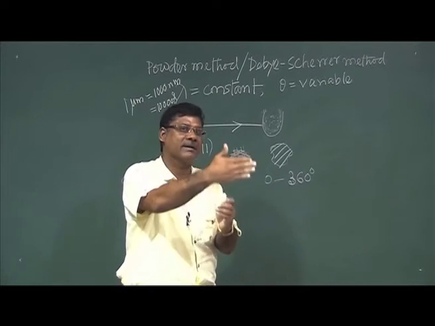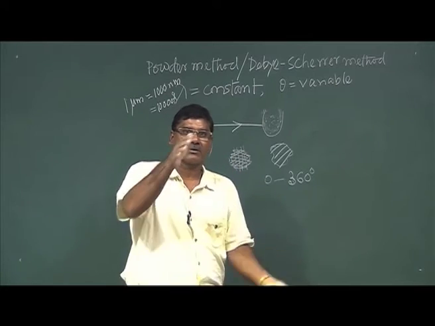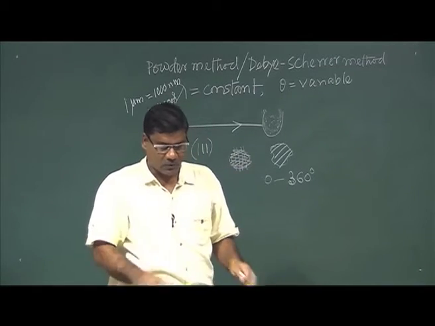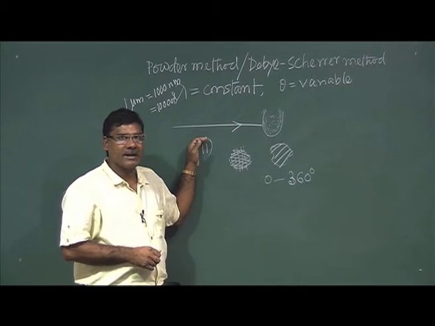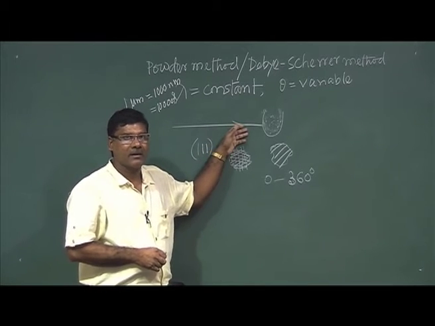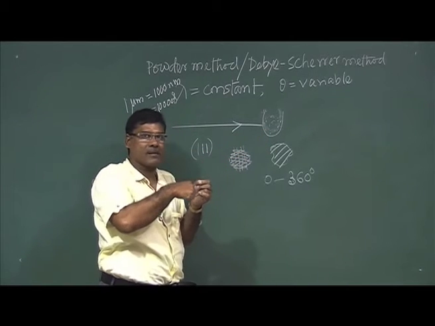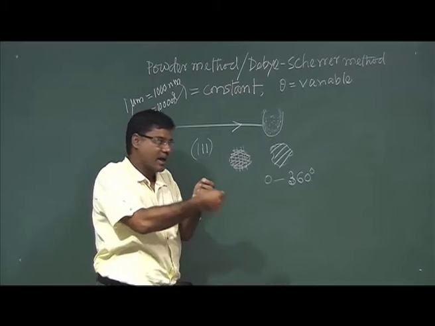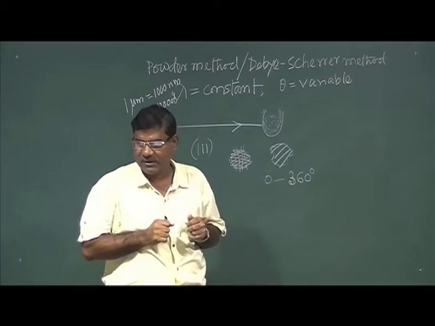It will have orientation in all sorts of planes or all sorts of directions, right? So this plane will have a continuous variation of angle, not only in a plane. It will have it in all directions. Theta variation will be in all directions.